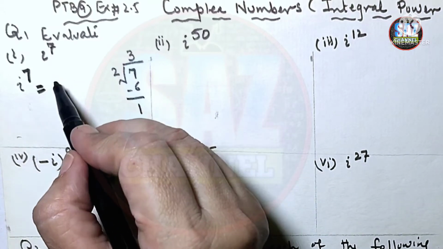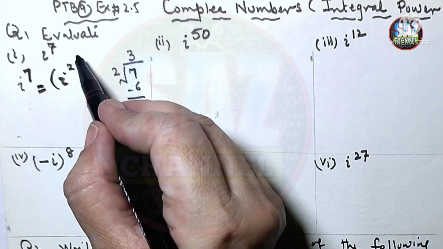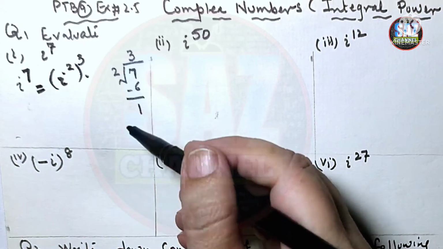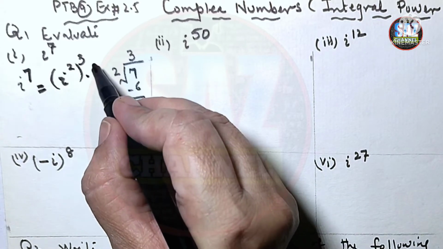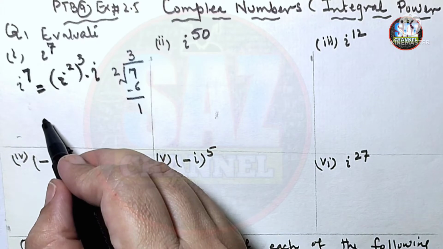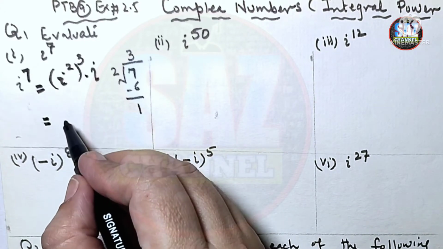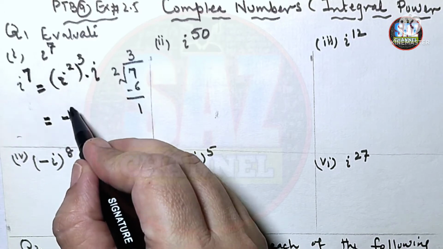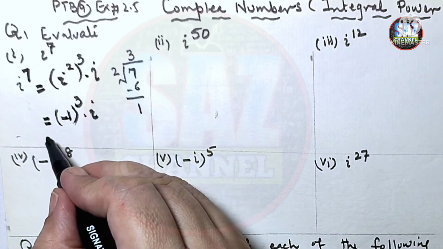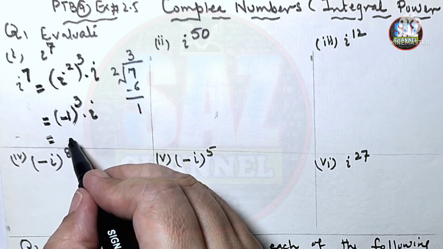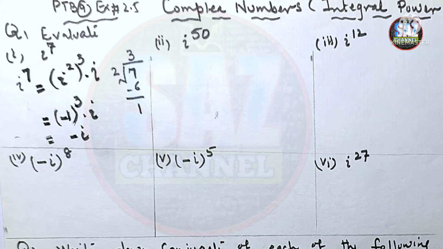We have to write the divisor, iota square, raised to power 3, and then we have to see what the remainder is. The remainder is 1, so that will be written as iota. Now, what is the value of iota square? That is -1. So (-1) cube into iota, and the cube of a negative number will be negative, so minus iota. I hope it is a really easy question.